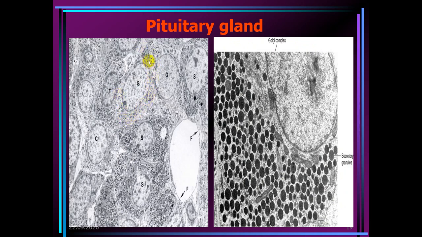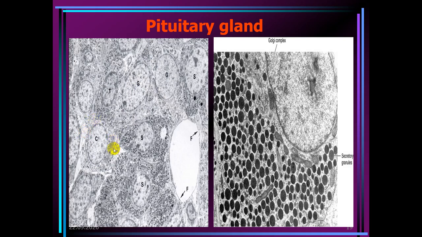Larger cell, it is basophils. And you can see that it may be gonadotrophs. Here, letter G, that's why I also think that it is gonadotrophs.